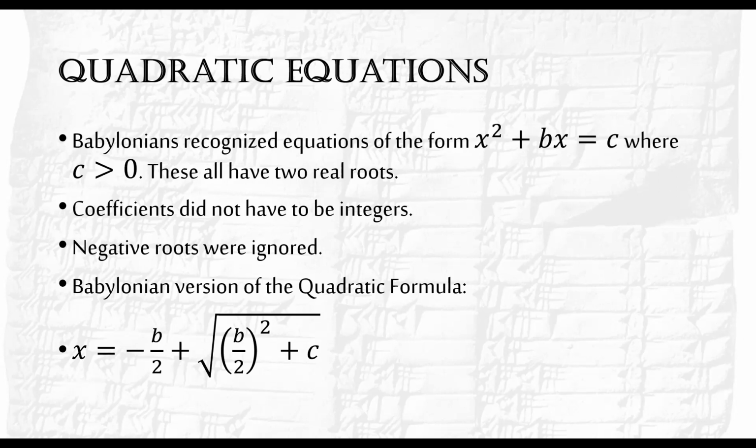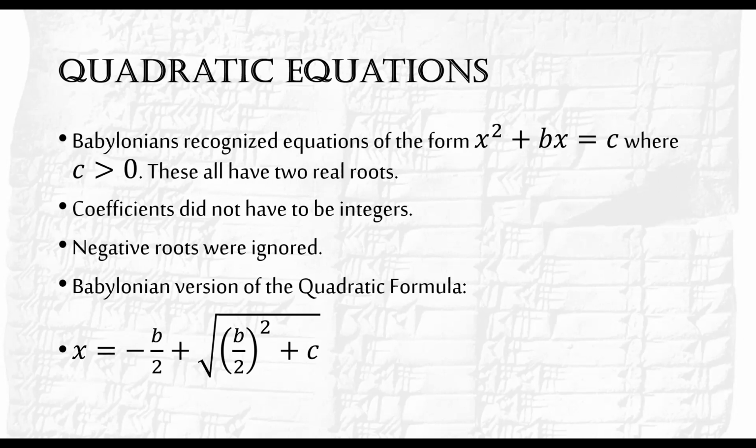They would say, the square of something minus this times the unknown. So they could subtract things, they just didn't have negative numbers. All equations of this form where c is positive have 2 real roots. They can't have complex roots. So they're all going to have solutions. They ignored negative roots because they did not have negative numbers.